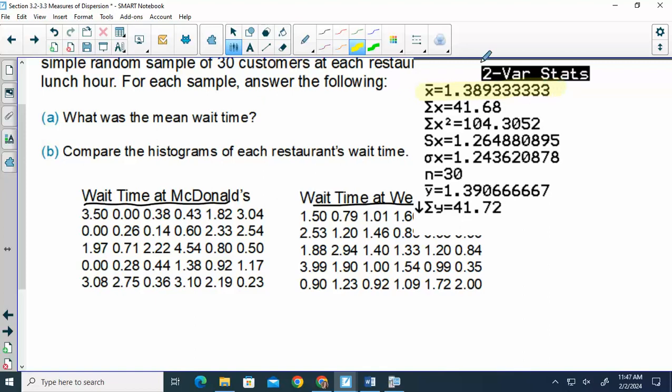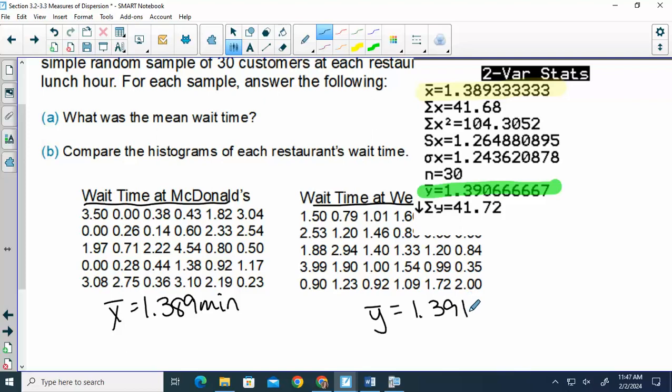So the X bar, the wait time at McDonald's, was 1.389 minutes. Then the wait time at Wendy's was set as my Y, and that's 1.391, or even you could say 0.7 if you wanted.